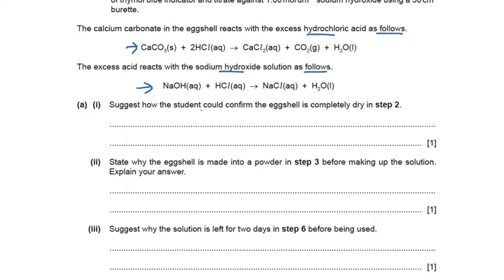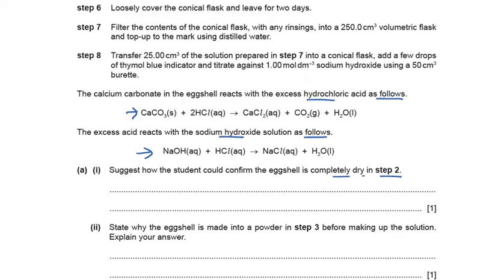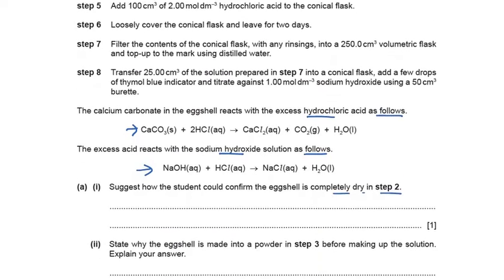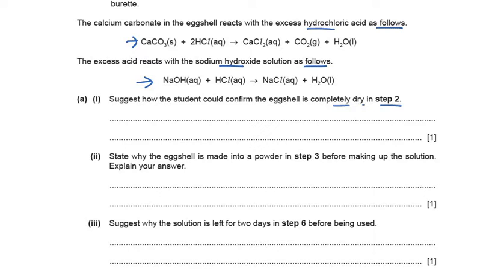Now suggest how the student should confirm the eggshell is completely dry in step 2. Step 2 says to warm the eggshell in an oven for a few minutes until dry. So to confirm that the eggshell is fully dry, how can we ensure this?